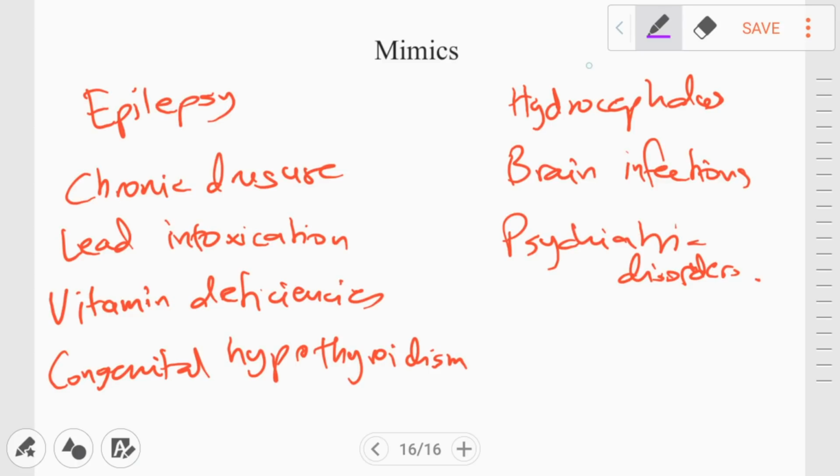We can also have vitamin deficiencies, especially B1, B12, B3, and vitamin E. We can have congenital hypothyroidism. Structural brain diseases like hydrocephalus can also mimic these illnesses. We can have brain infections like measles, which can cause subacute sclerosing panencephalitis. We can also have psychiatric disorders, which can mimic neurodegenerative disorders.